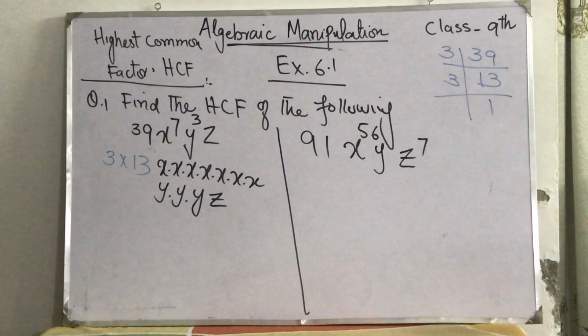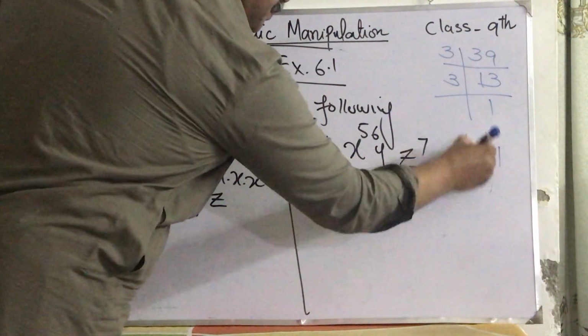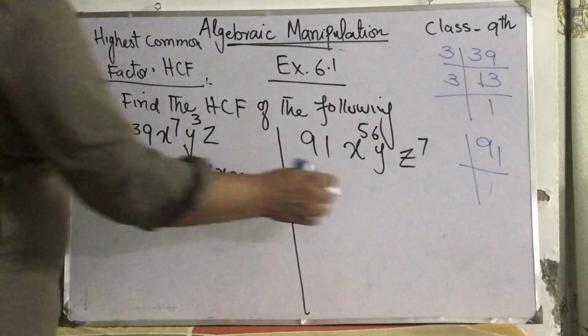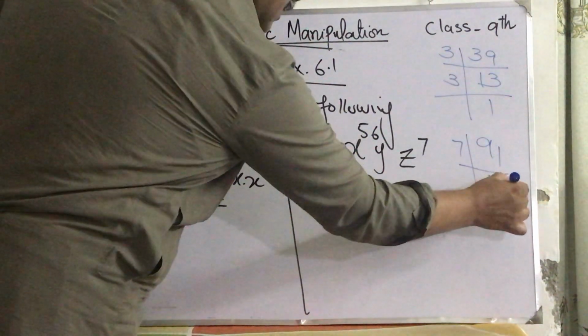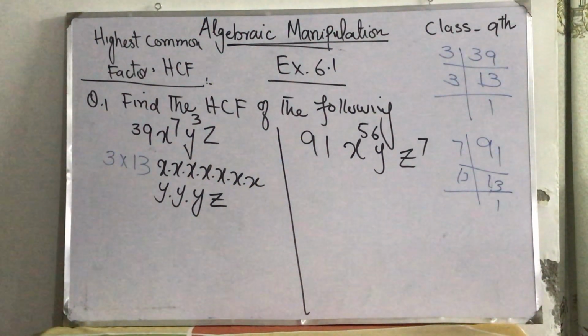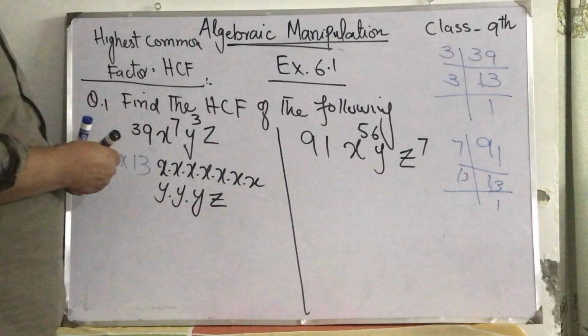Now the other number, which is 91. 91 has only the factors 7 and 13, so we write here 7 into 13. Now we write its factors again. X is 5 times, y is 6 times, z is 7 times.